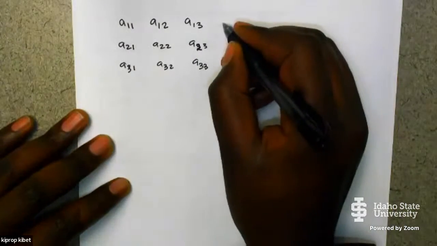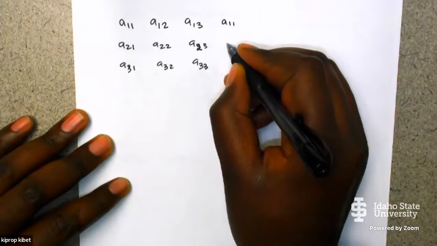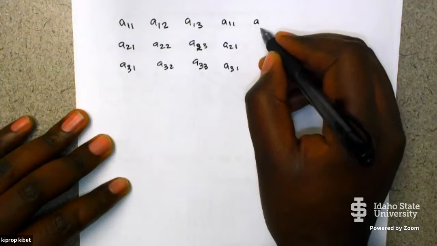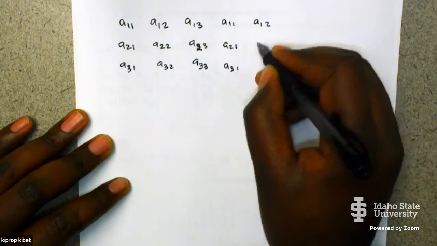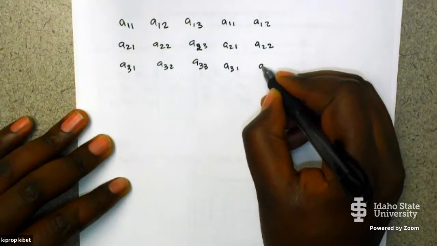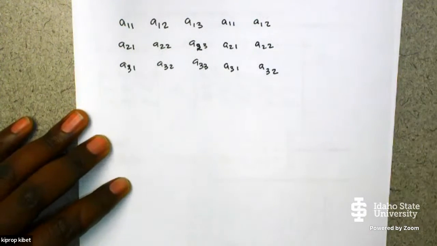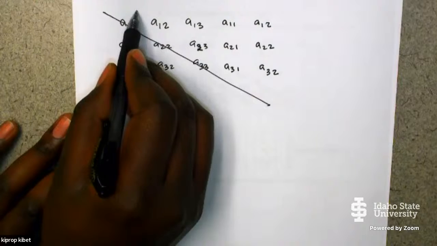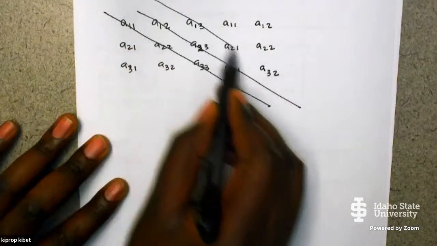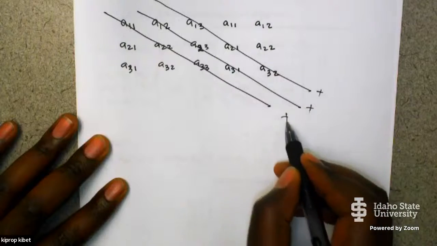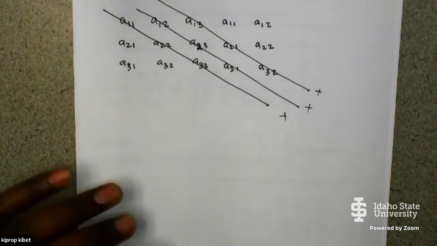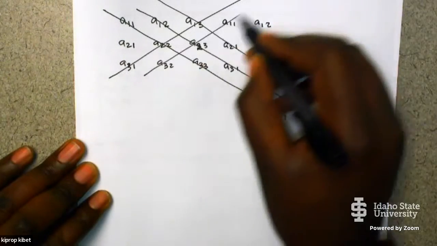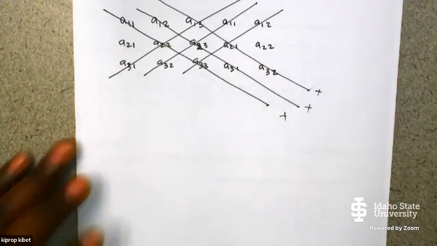Then we add A11, A21, A31, A12, A22, A32. Okay. So we take this, check that, and then we check that. So this is addition here. And then we come and check this, check that, and check that.